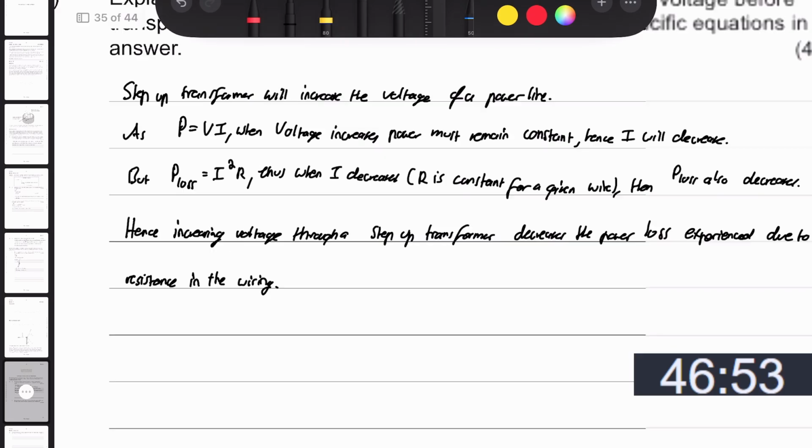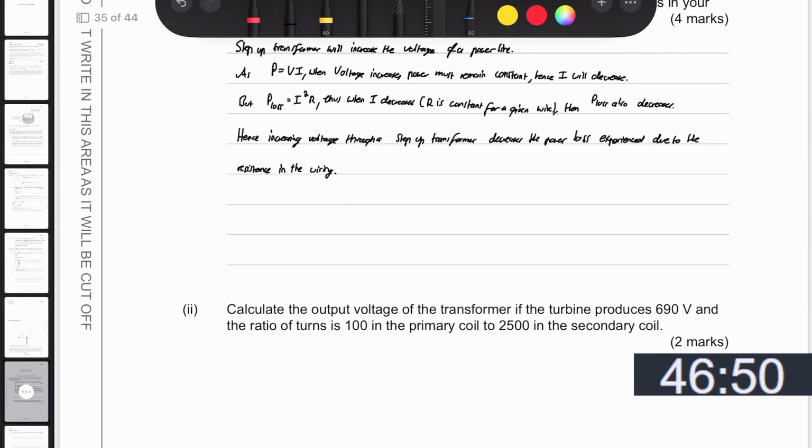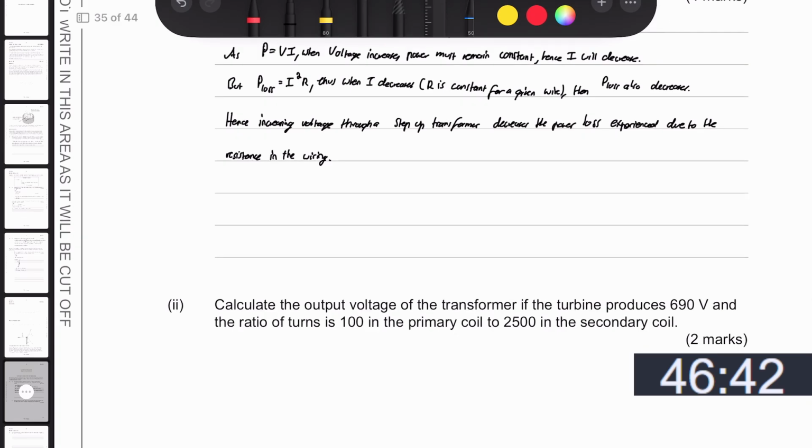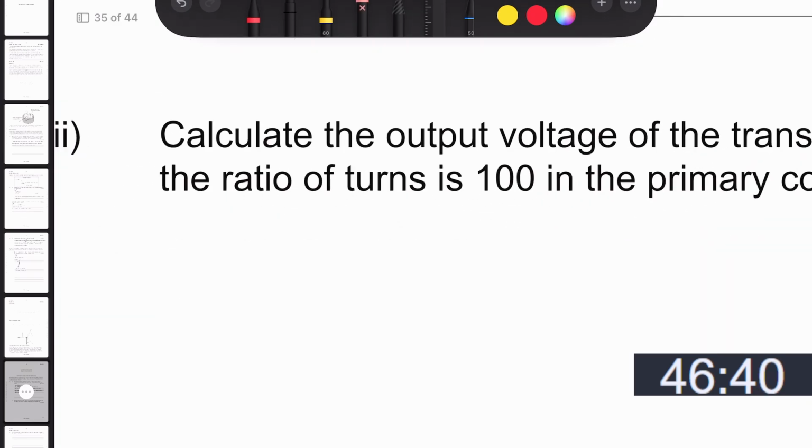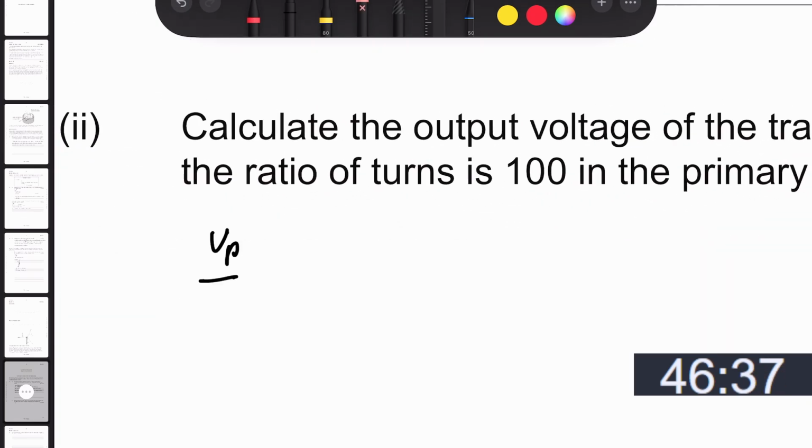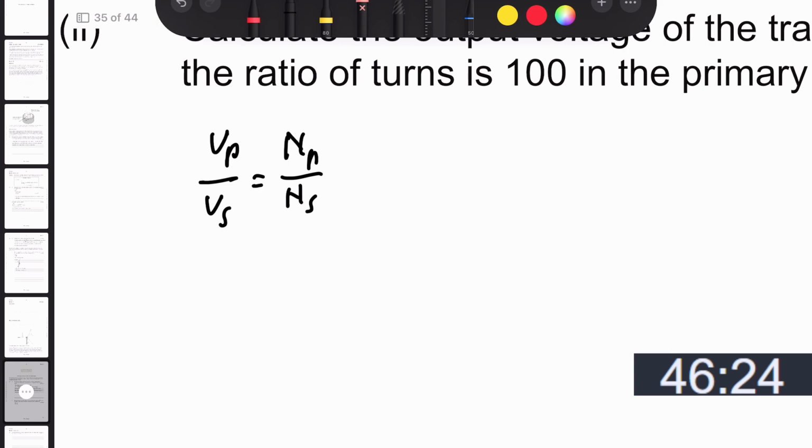So yeah, calculate the output voltage of a transformer if the turbine produces 690 volts and the ratio of turns is 100 in the primary and 2,500 in the secondary. So VP over VS is equal to, oh sorry, NP over NS. So then voltage in the secondary is going to equal NS VP over NP.